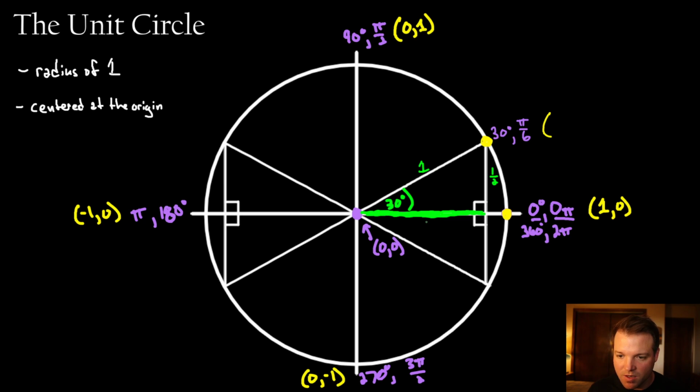Can't see that, but anyway, root 3 over 2. So basically what that is saying is that my x value must be root 3 over 2. And my y value going up here is going to be 1/2. And there you go. That's how we got that original x and y value.